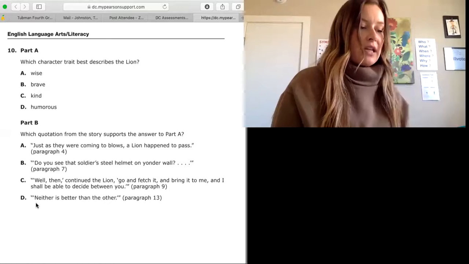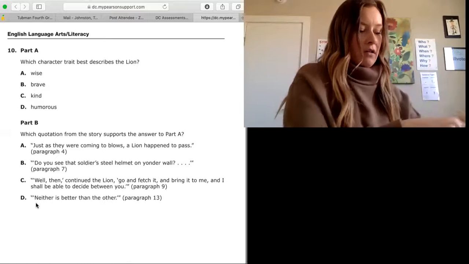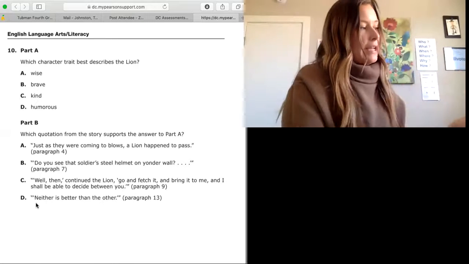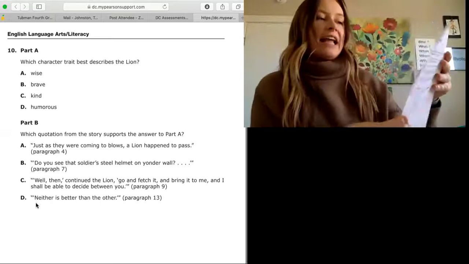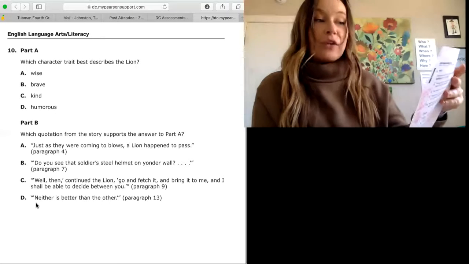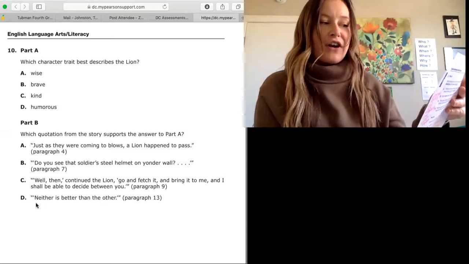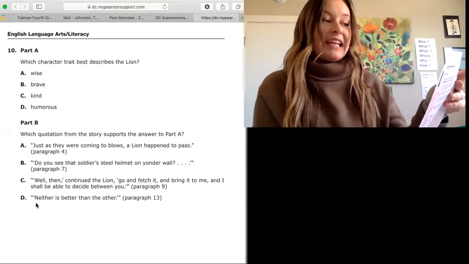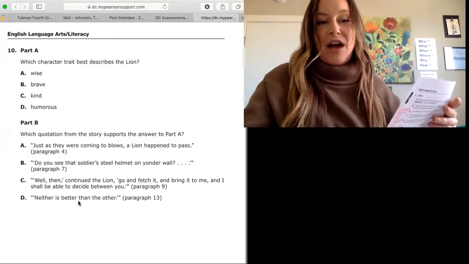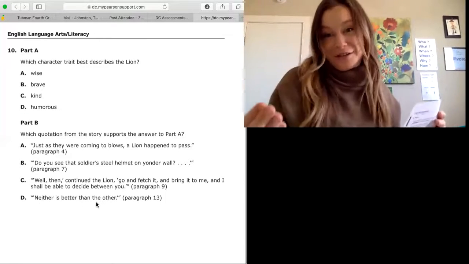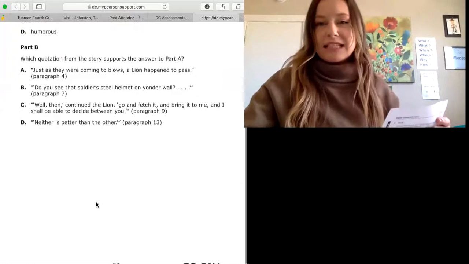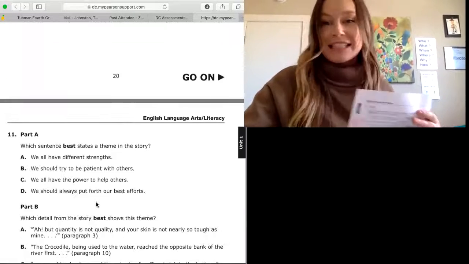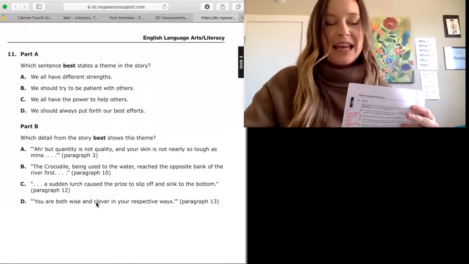If you go into paragraph 13, right here in this last line, it says, "You are both wise and clever in your respective ways. Neither is better than the other." So it actually tells you that the lion was wise. But the simple way is going back in the text and finding your evidence.